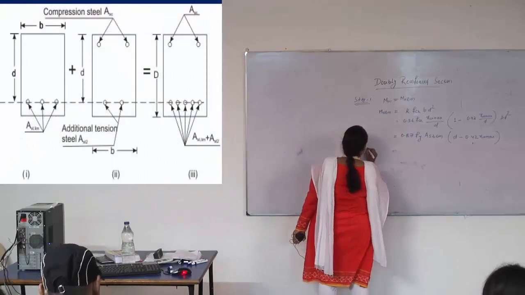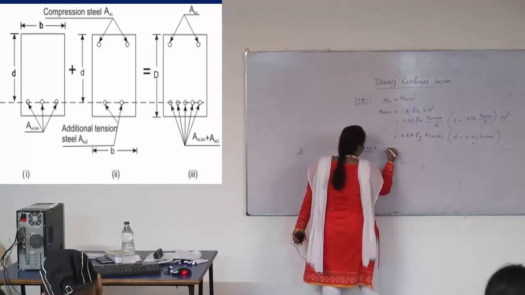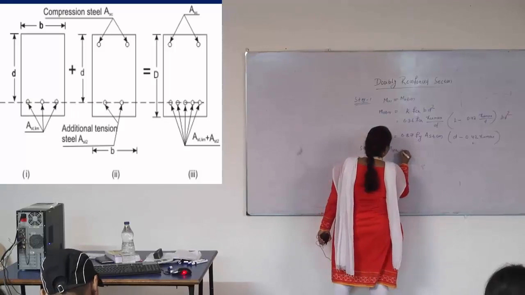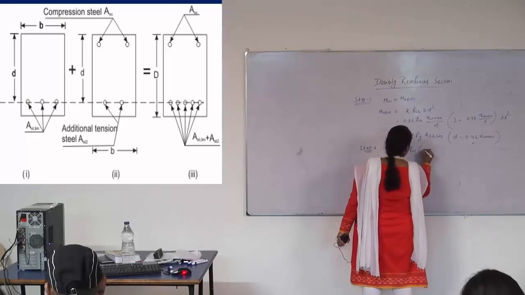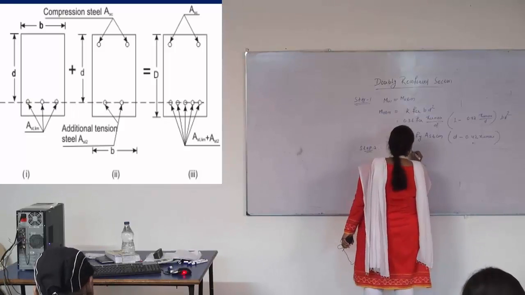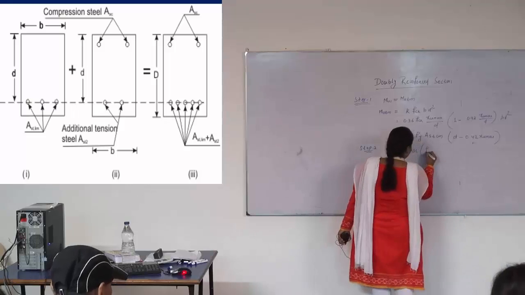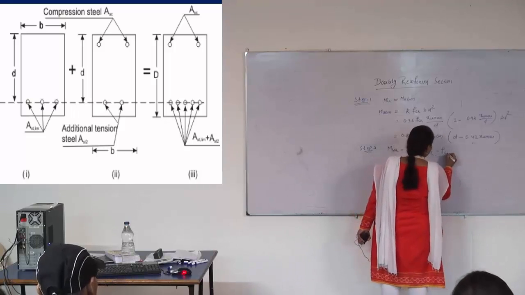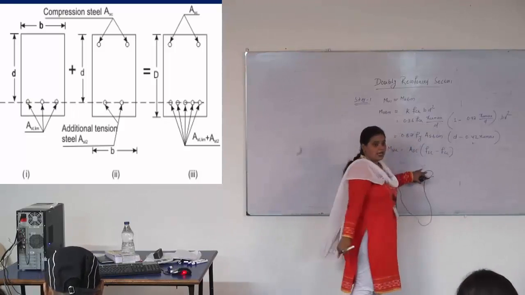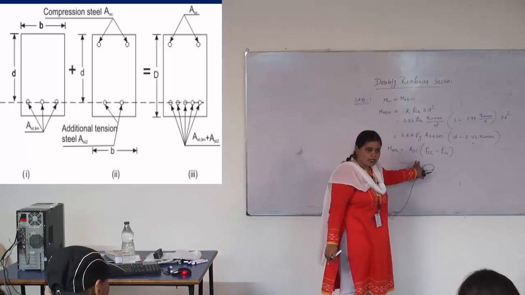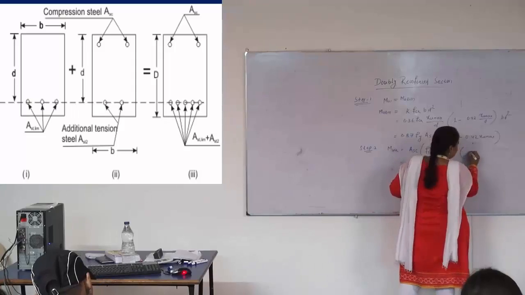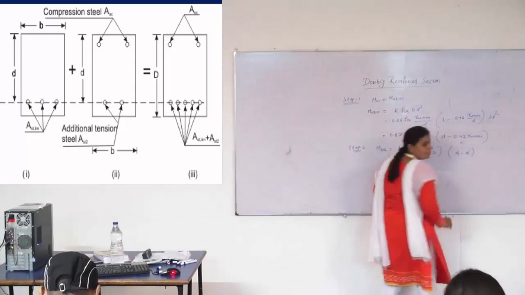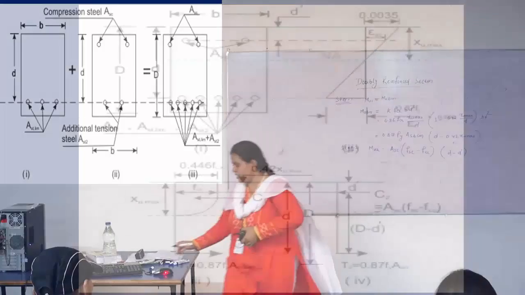Step 2: Mu2 equal to Fsc into Asc, whole into Fsc minus Fcc. This is stress into area, means force. Then multiplied by the lever arm. What is the lever arm? d minus d dash.